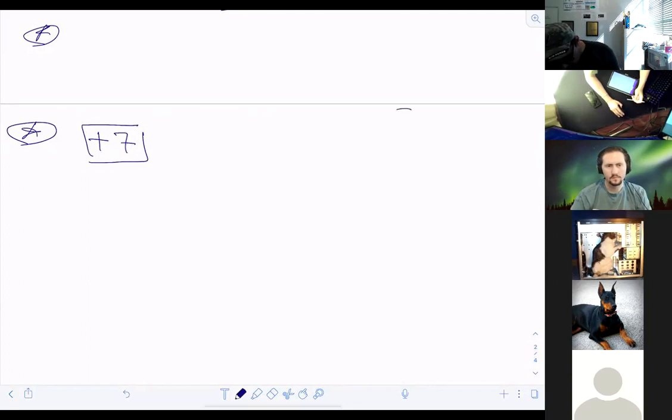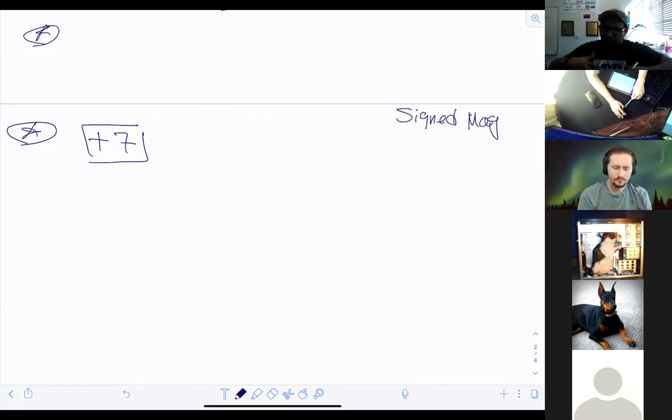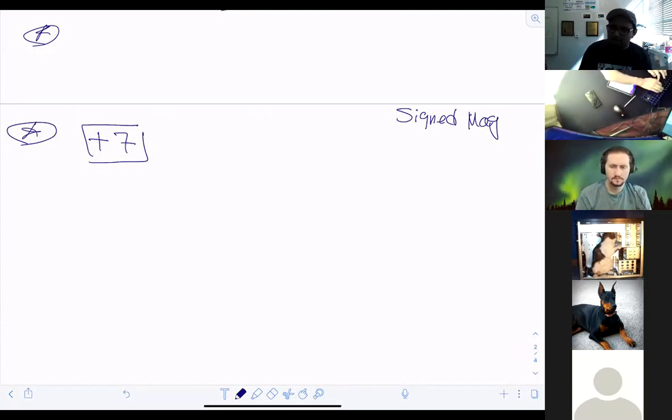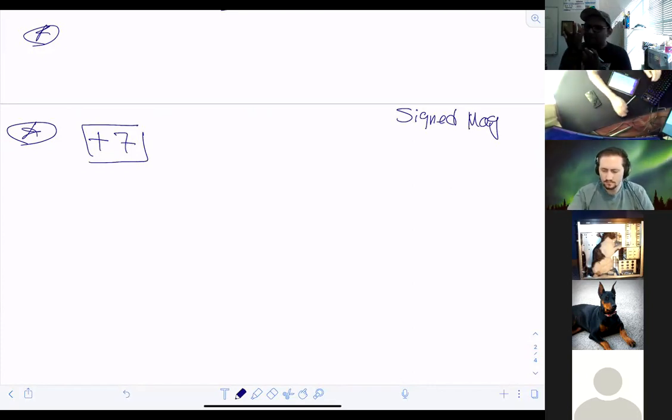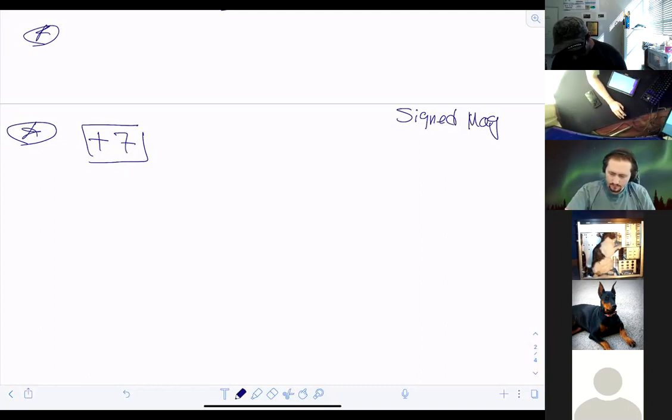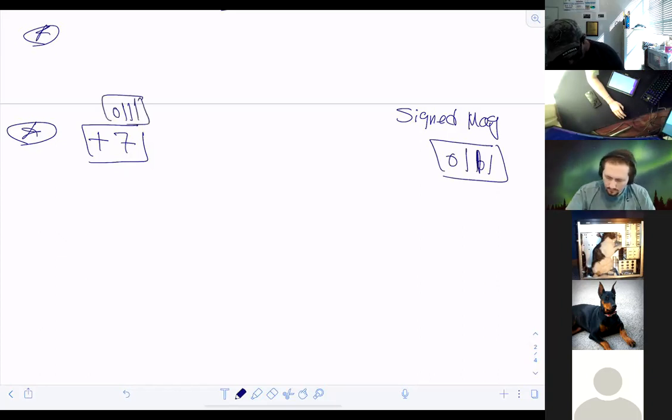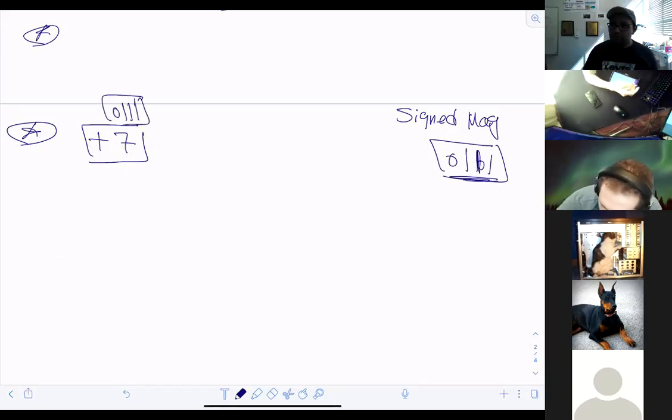When you say signed magnitude, that means I don't care about the sign, I just care about the value. So it's going to be positive for me also. It's going to be 1, 1, 1 in a 4-bit representation, with the sign bit 0.